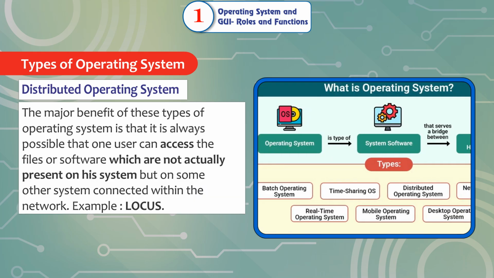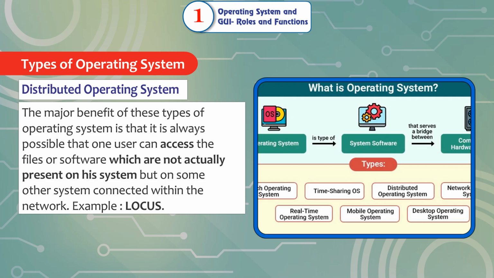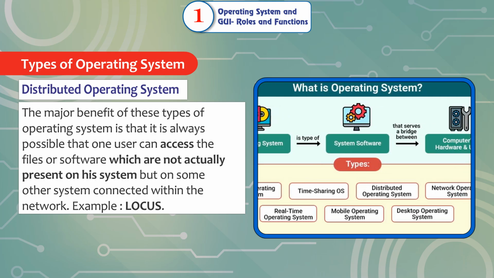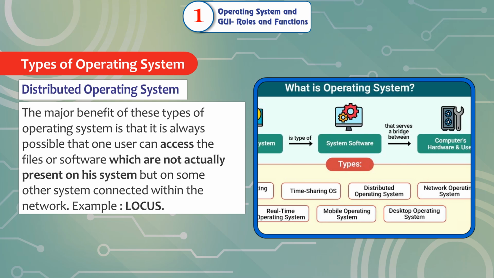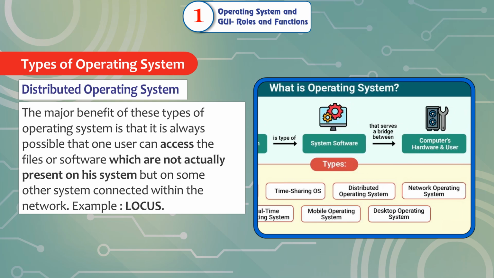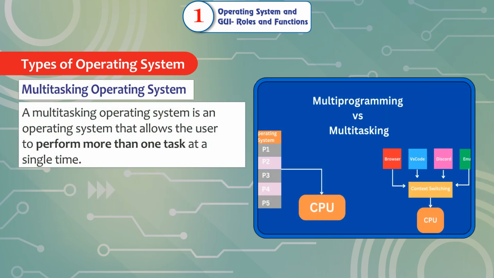The major benefit of this type of operating system is that one user can access the files or software which are not actually present on his system but on some other system connected within the network. Example: OCOS.